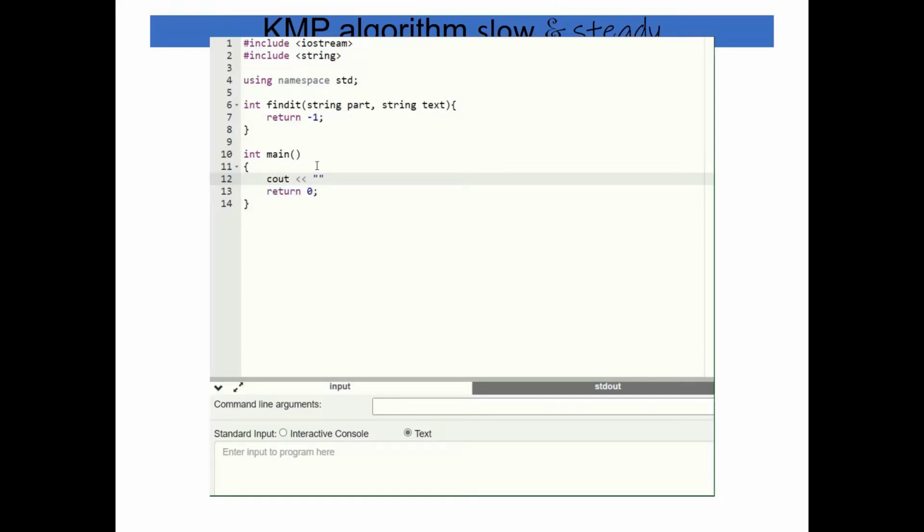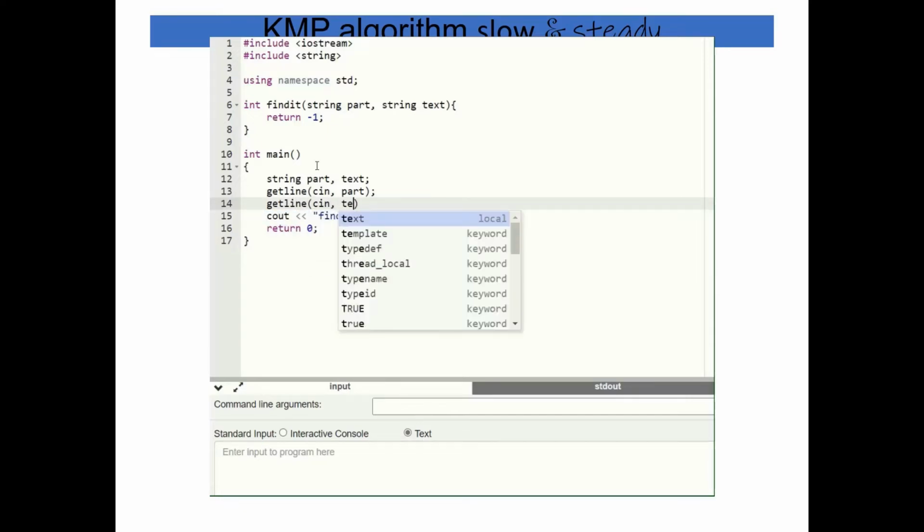We will just output the result of the function. So we invoke this function, find it. You can do it in several ways. Here I'm just choosing to define two strings, part and text, in the main, and read them off the standard input. So there we get the part, and then there we get the text.